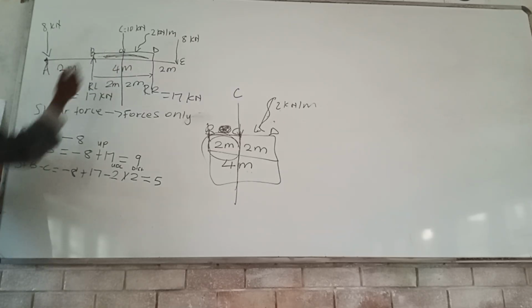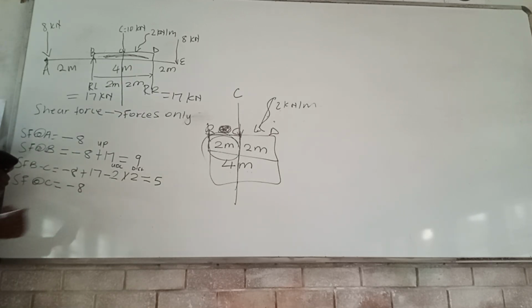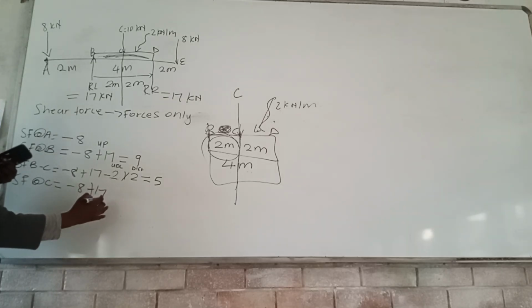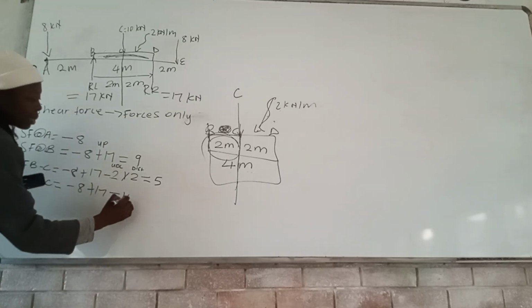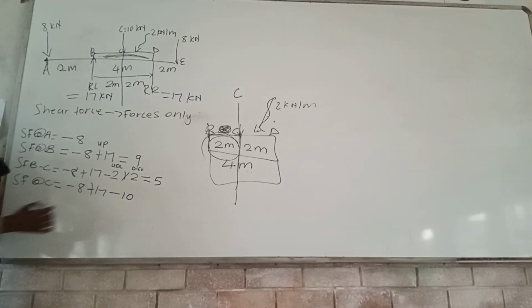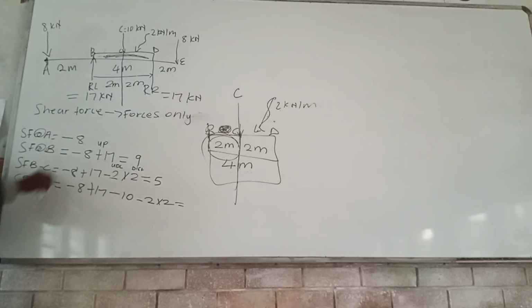So now we're going to shear force at what? Shear force at C. This one again. So shear force at C, how are we going to calculate it? We start from the beginning.